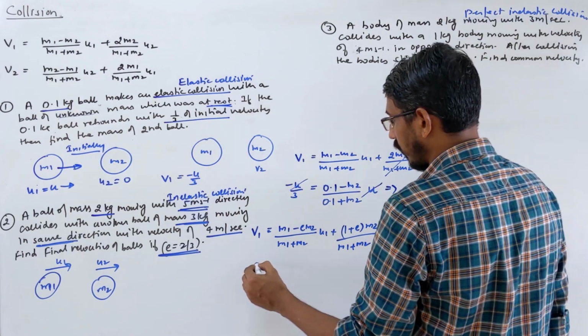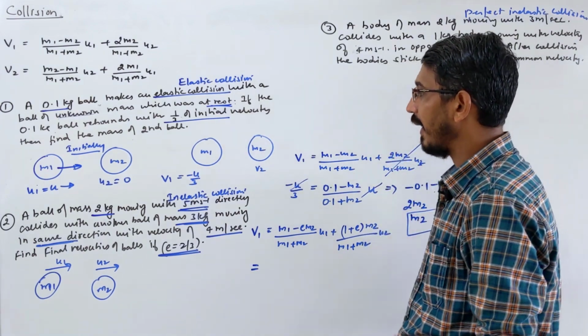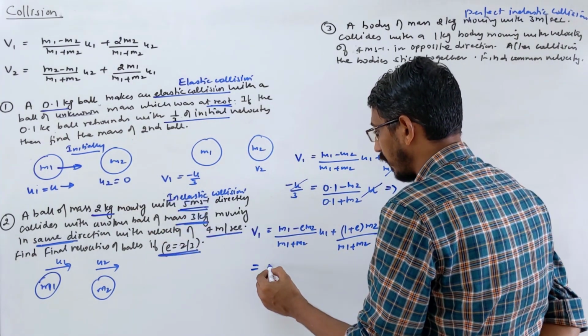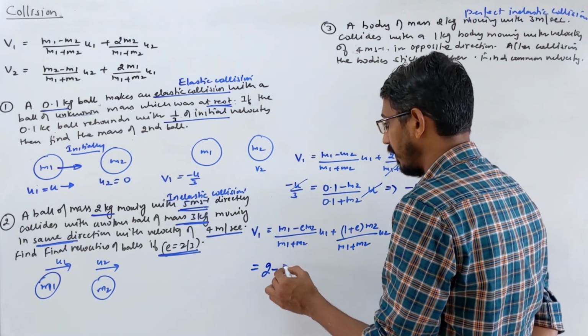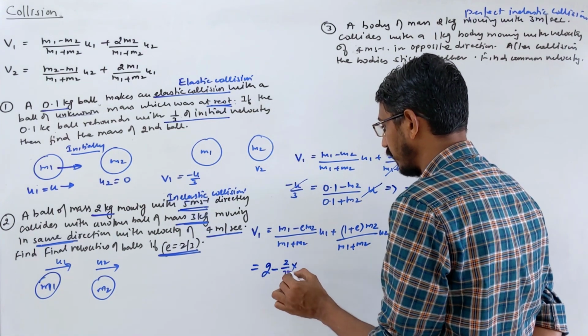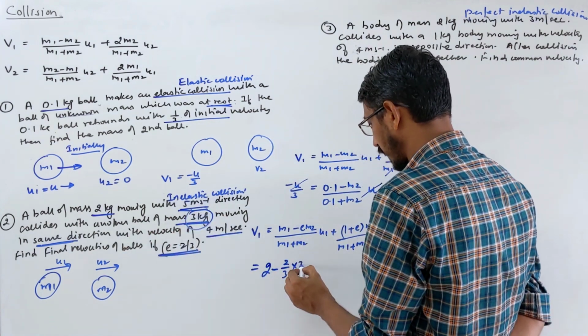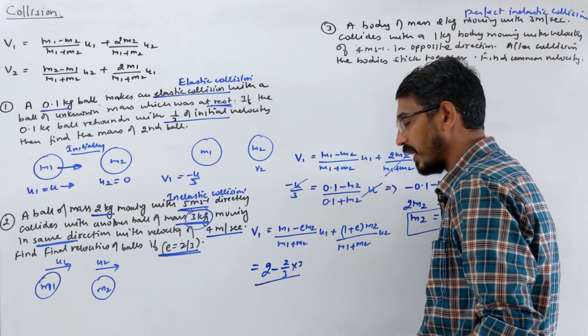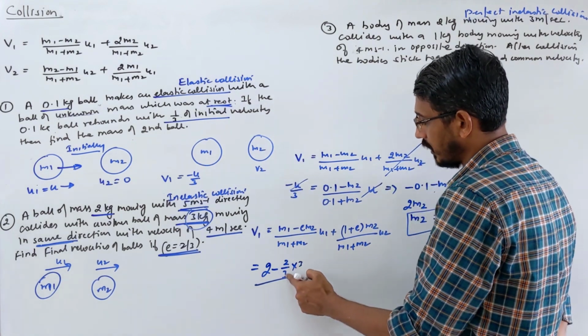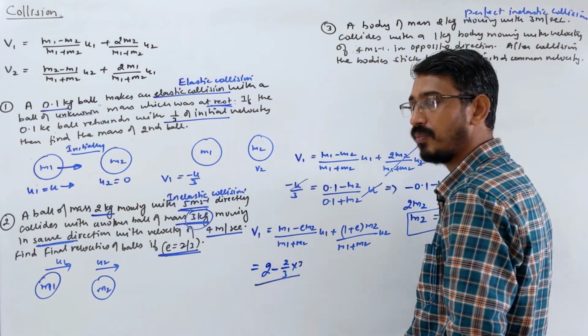So let's calculate it. All values are given to us. m1 is 2 kg, minus E, which is 2/3, into m2, which is 3 kg, divided by m1 plus m2. There is no need to write the next term, because the 3 gets cancelled and 2 minus 2 makes this term 0.